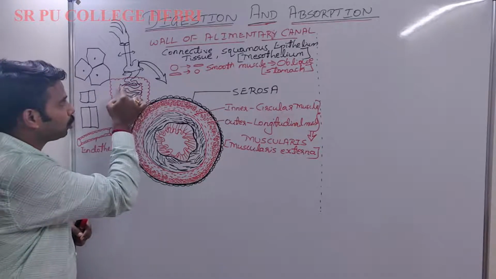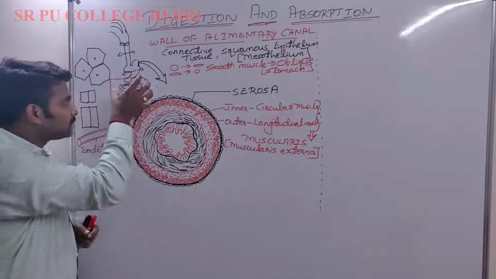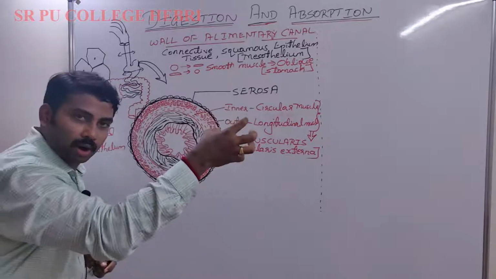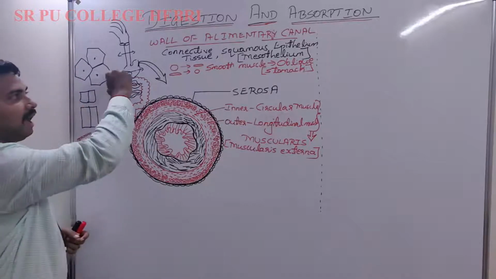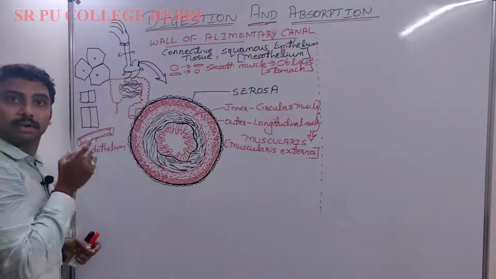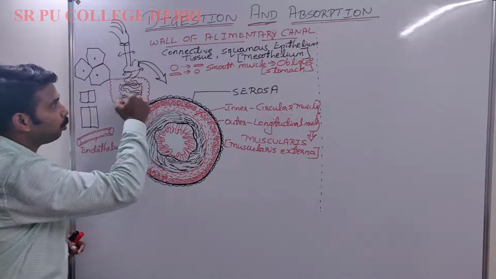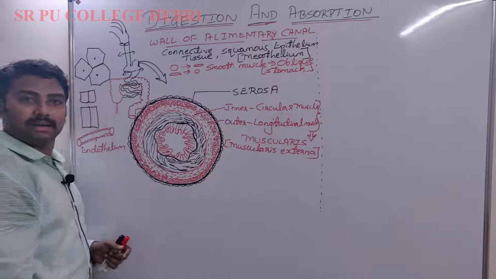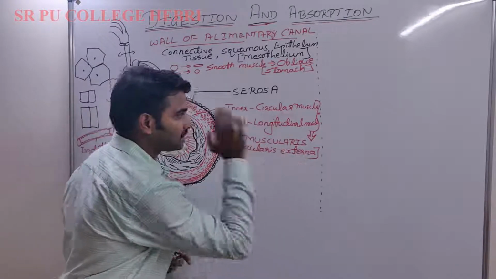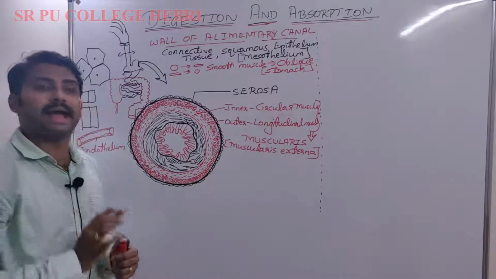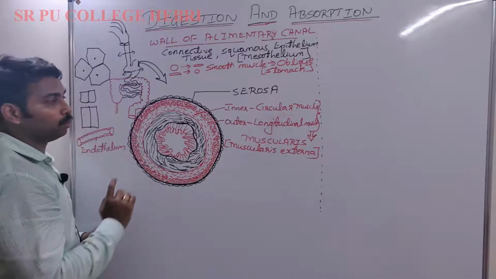Food should go to the remaining part. How? The small intestine wall also undergoes contraction. The large intestine wall also undergoes contraction. The contraction is seen throughout the length of the alimentary canal because of the presence of which one? Muscularis layer made up of smooth muscle.